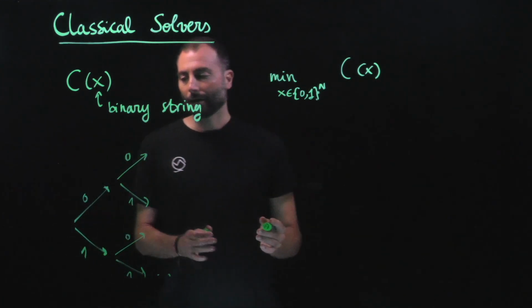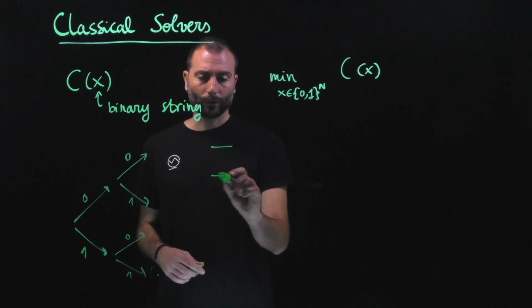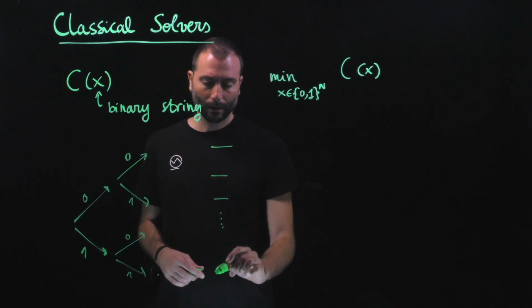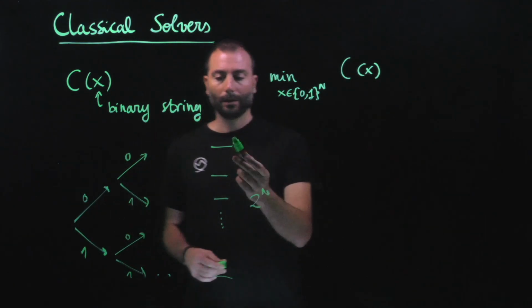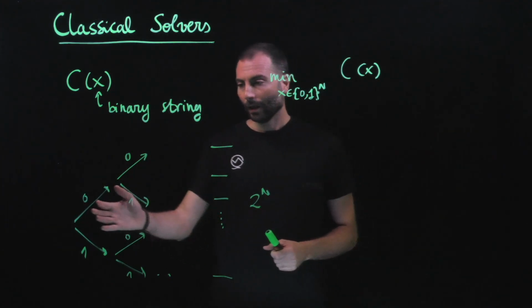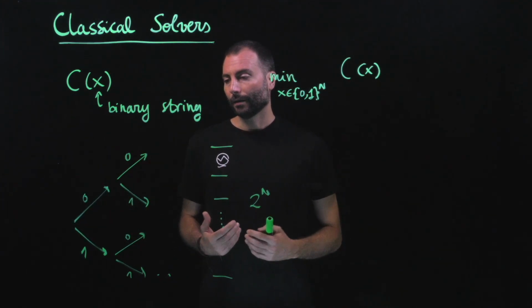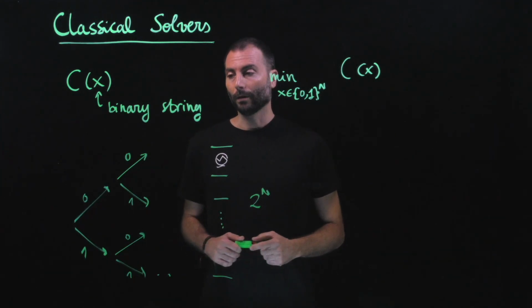We could explore all the possibilities, and at the end we will get 2 to the n possible outcomes, and we will see which one is the smallest. Although this approach is very rudimentary, in some situations it can work.